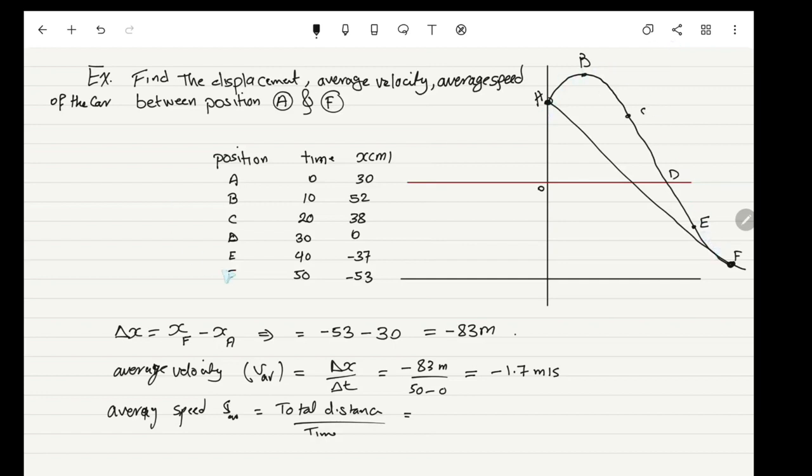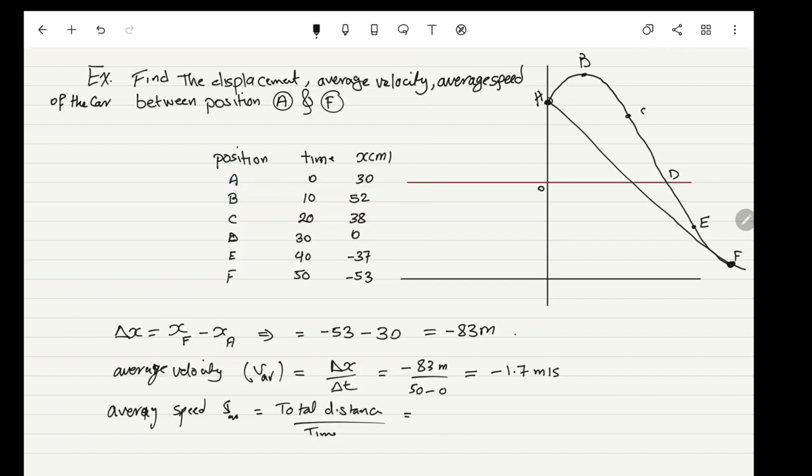We need to look at the table and calculate the total distance. Remember, A is at position 30, which means the origin here starts from 30. It's not 0. So in order to calculate the distance, we need to calculate the distance moved from position A to position B.